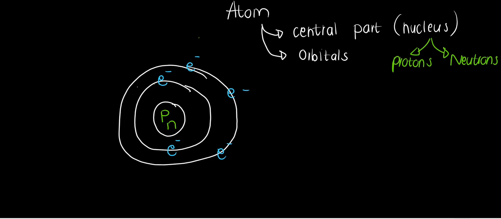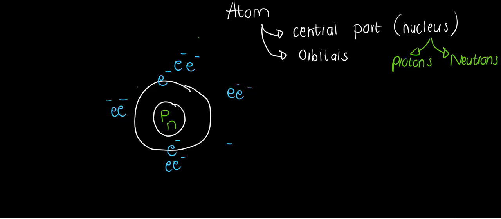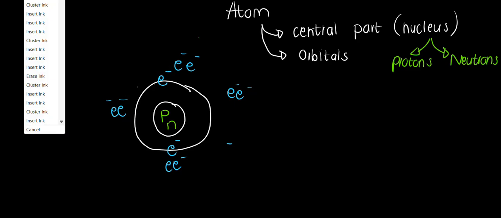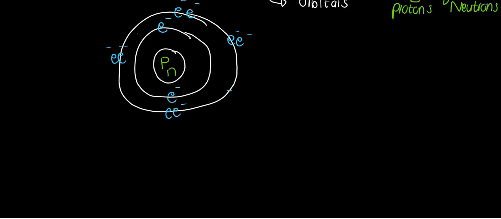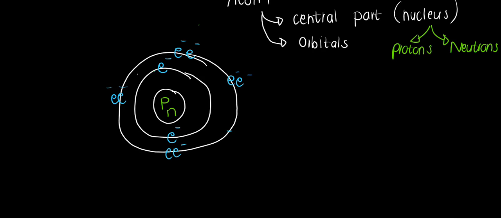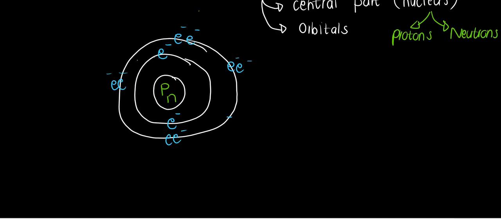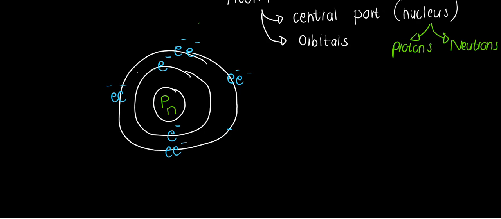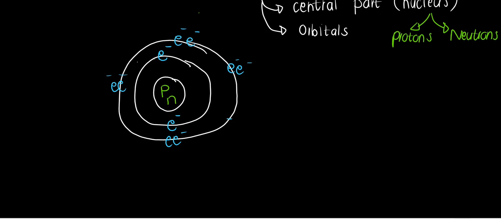So these are the electrons. This is the part of your atom that can be given away or gained. Okay, that's the only thing that can change in your atom.